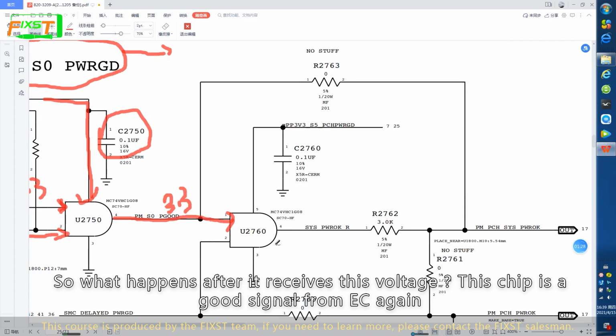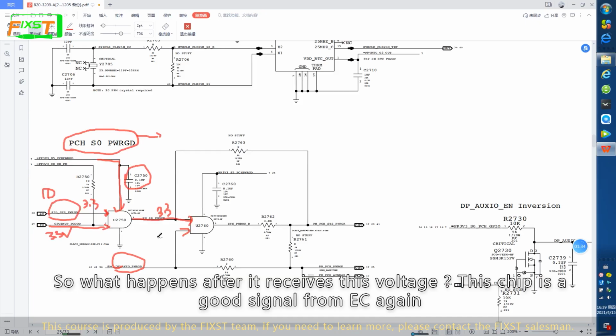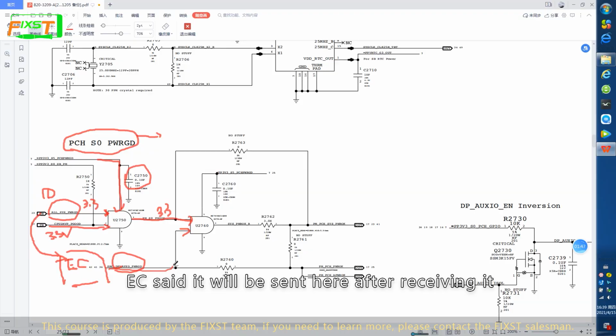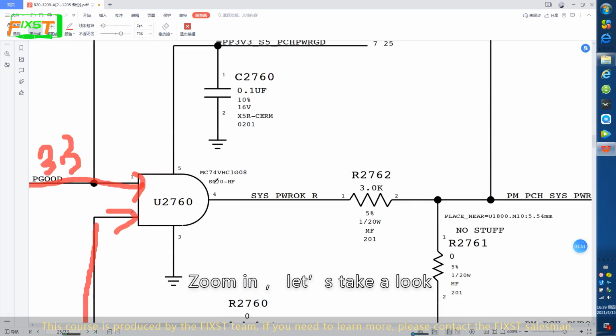So what happens after it receives the voltage? This chip is a power good signal from AC again. This is also sent to the EC, and the all power grid is also sent to EC. EC said it will be sent here after receiving it. Zoom in, let's take a look. 74VHC08A, this is a gate circuit chip.